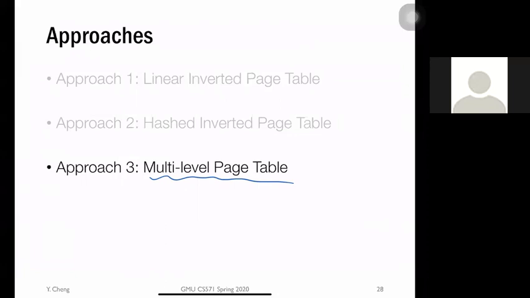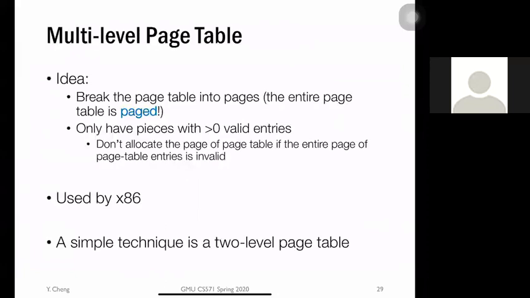So the high-level idea of a multi-level page table is we break this whole flat single-level data structure into multiple levels, into pages. That also means that this entire page table is paged. It has multiple levels, and the very top level is called the directory.